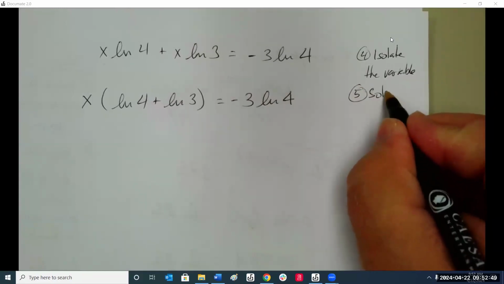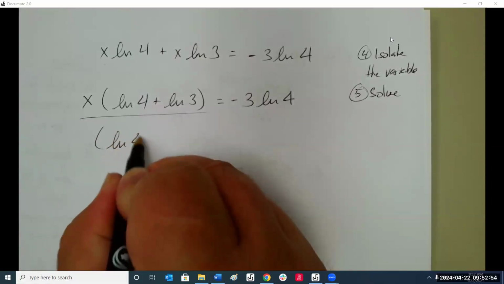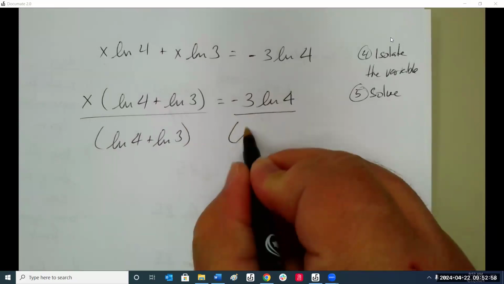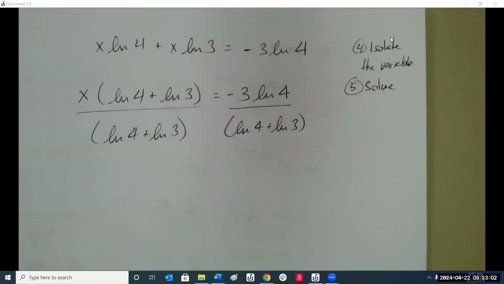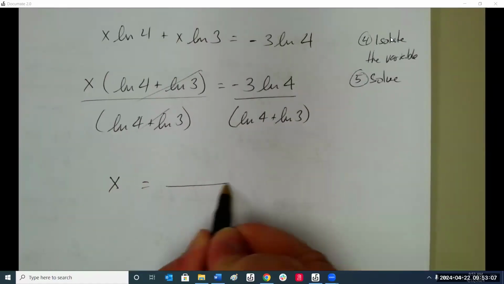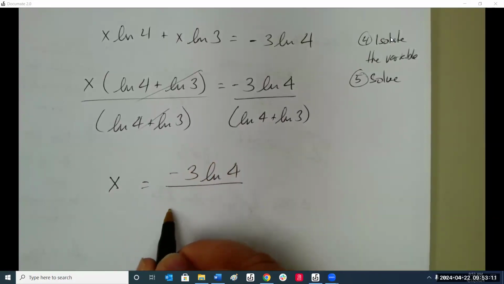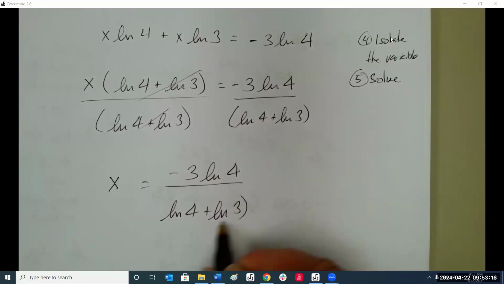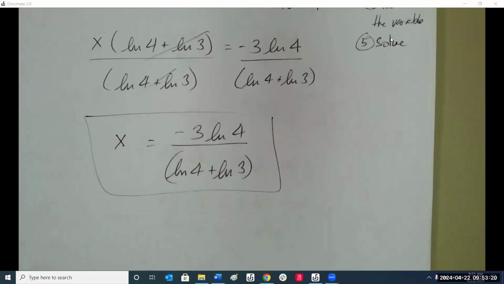And then solve. All we have to do is divide both sides by ln 4 plus ln 3. So x is equal to negative 3 ln 4 over ln 4 plus ln 3. And there's your answer. Type it in your calculator and have it.